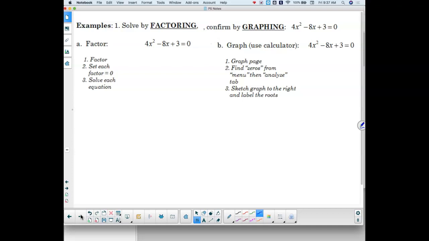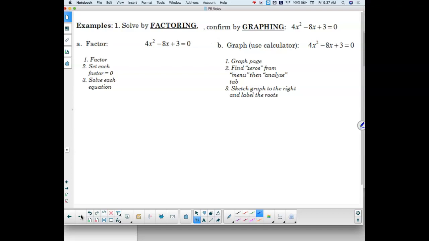Greatest common factor, take out a GCF. Difference of perfect squares. Well, it's cubes we don't have to worry about. What else? Factoring by grouping. So there's a bunch of different ways that we can factor.